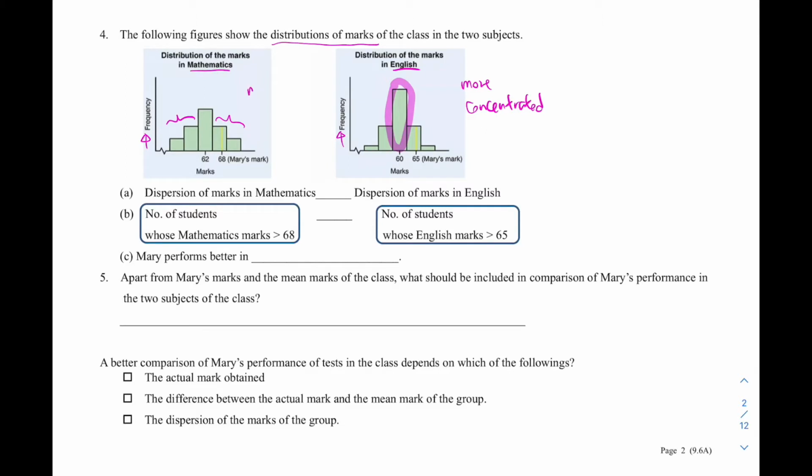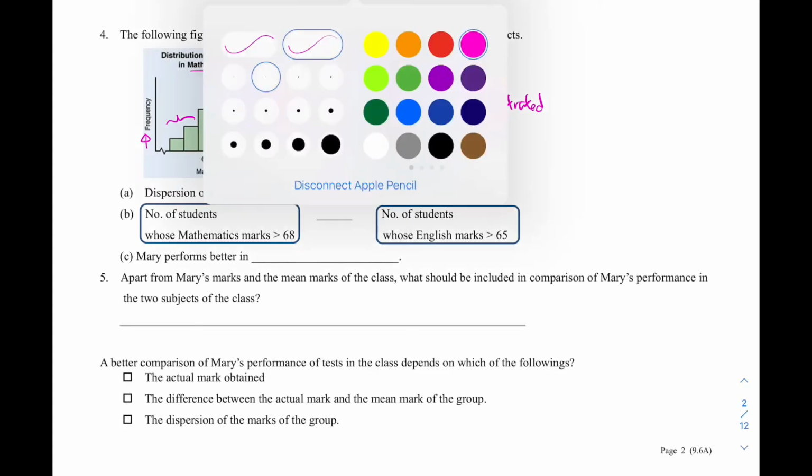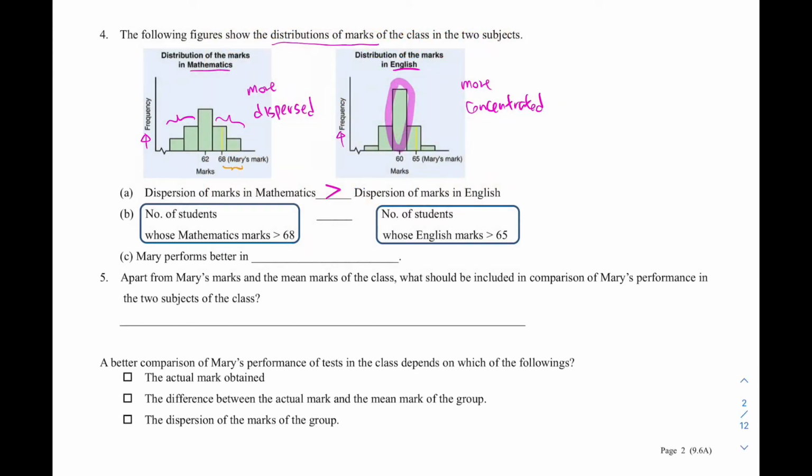So in this case, for mathematics, we will say these data sets are more dispersed. So for Part A, you can just conclude the dispersion of marks in maths is greater than that in English. So the number of students whose marks are above 68 will be greater than the number of students whose English mark is above 65.